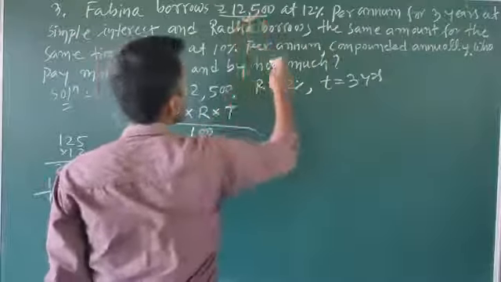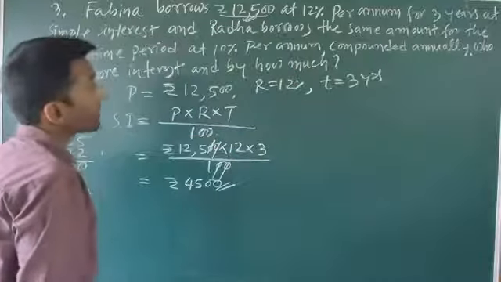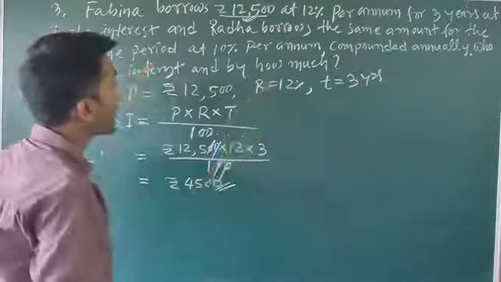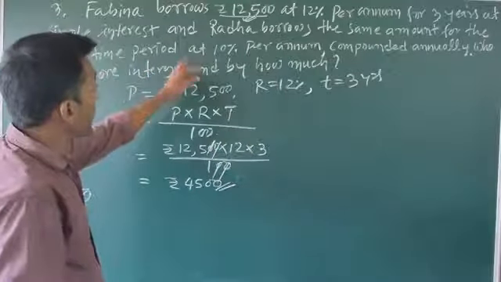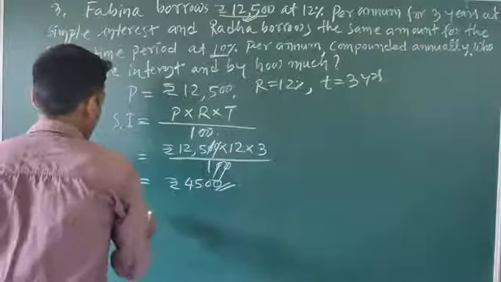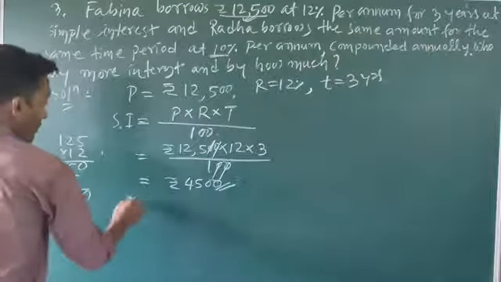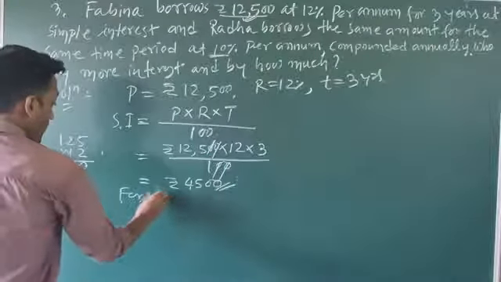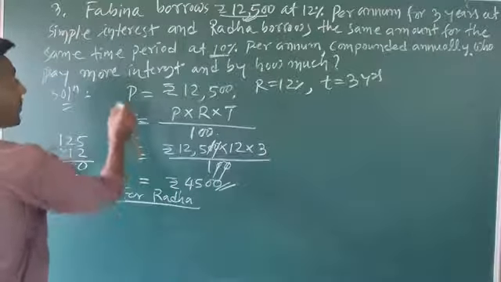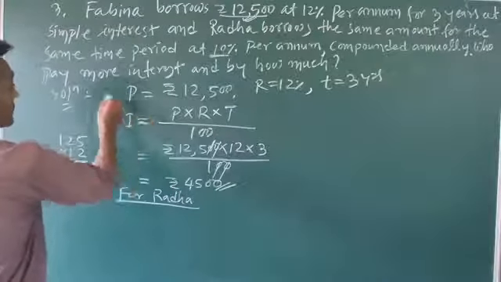Now Radha borrows the same amount for the same time period, that means for 3 years at 10% per annum. Rate of interest given is 10% for Radha. This one was for Pavina.